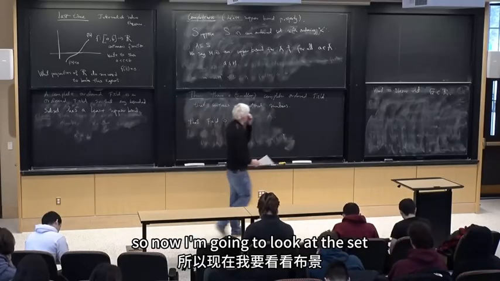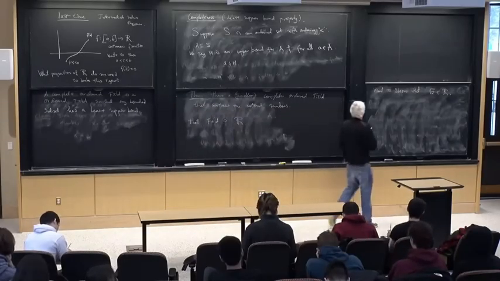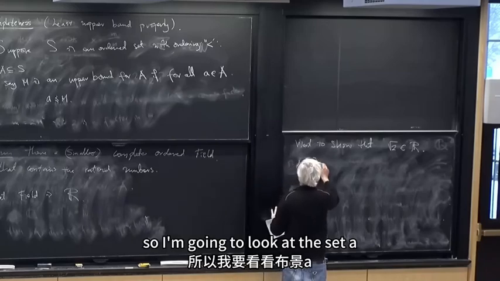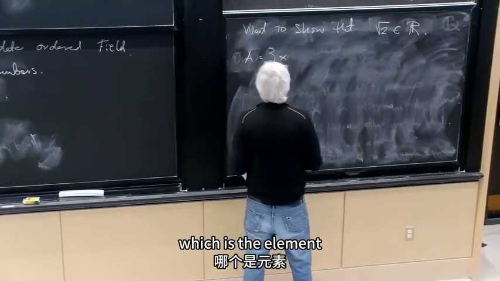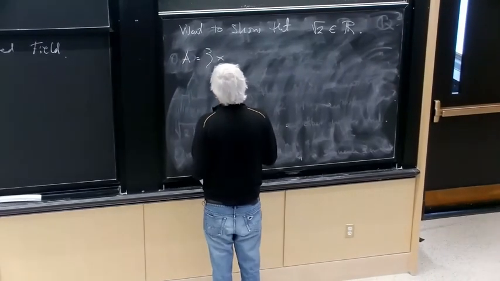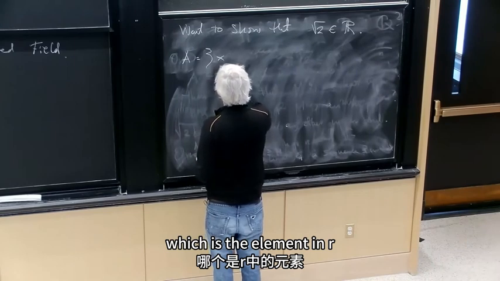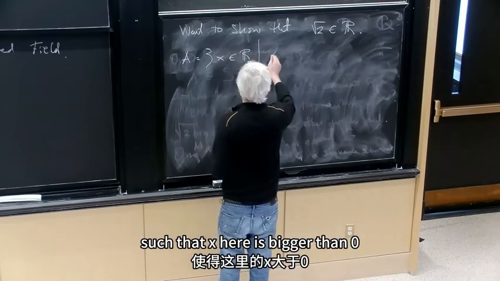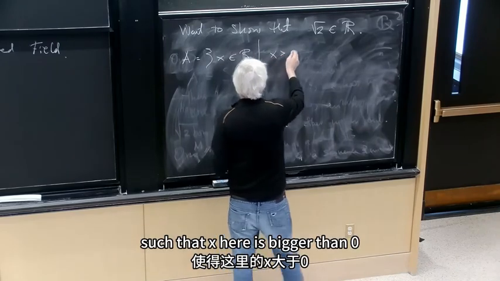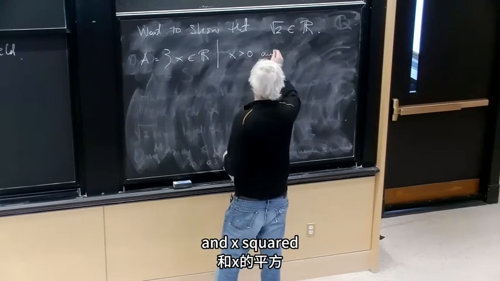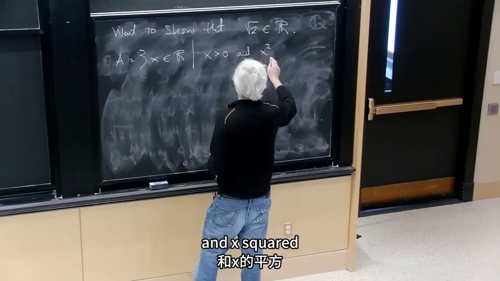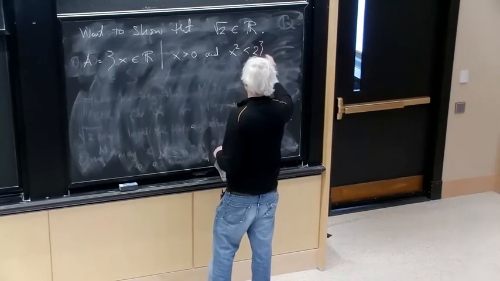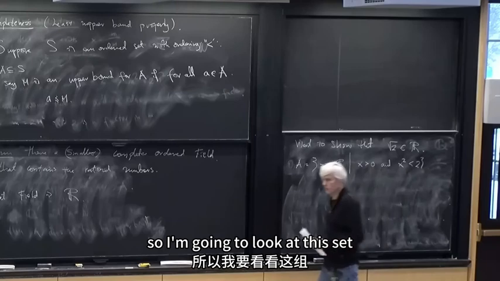So now I'm going to look at the set A, which is the set of elements x in R such that x is bigger than 0, and x squared is less than 2. Okay, so I'm going to look at this set.